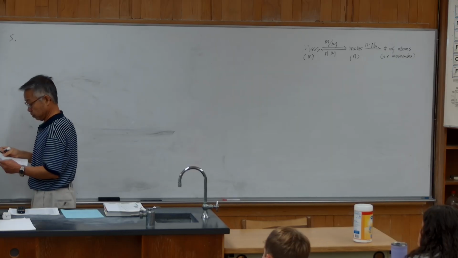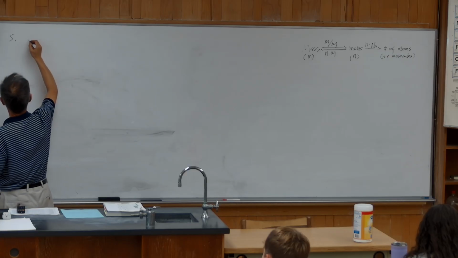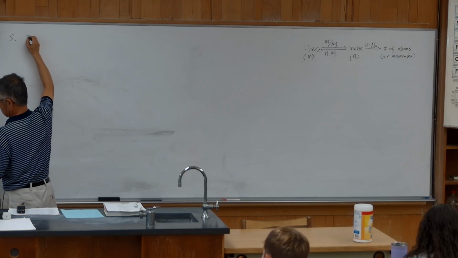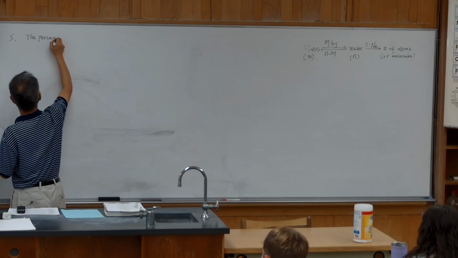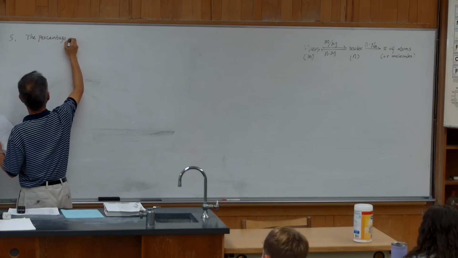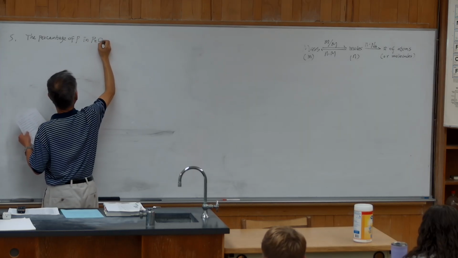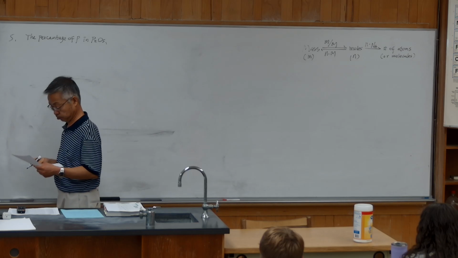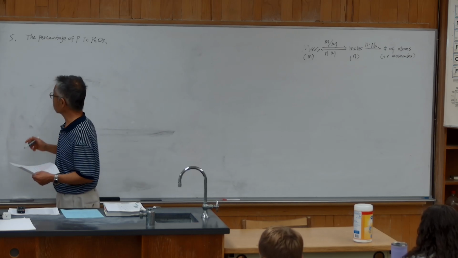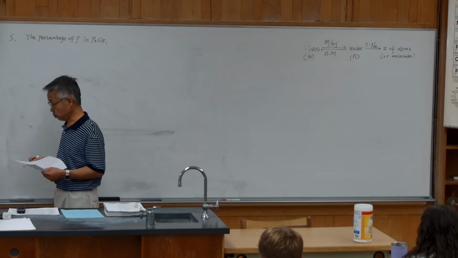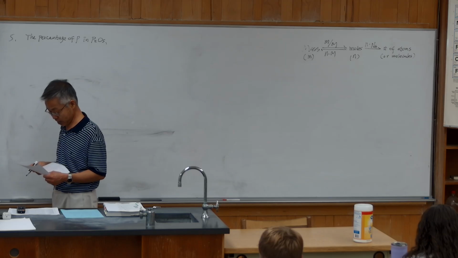Question 5 asks for the percentage of phosphorus in the compound P2O5. Whenever it tells you a chemical formula, with the help of the periodic table, we can calculate the percentage composition for any element.